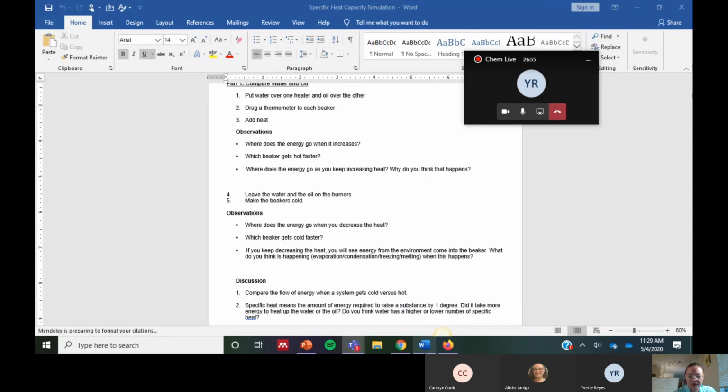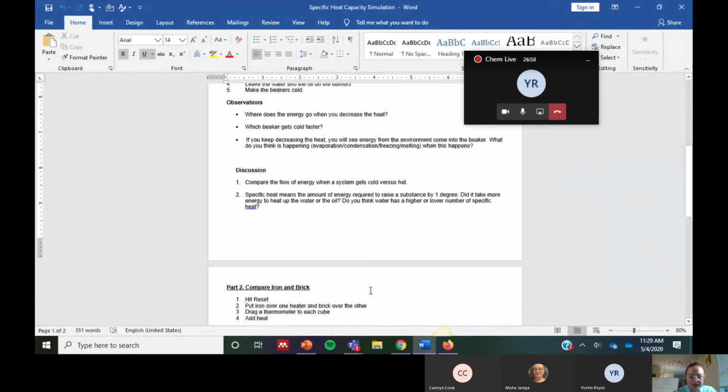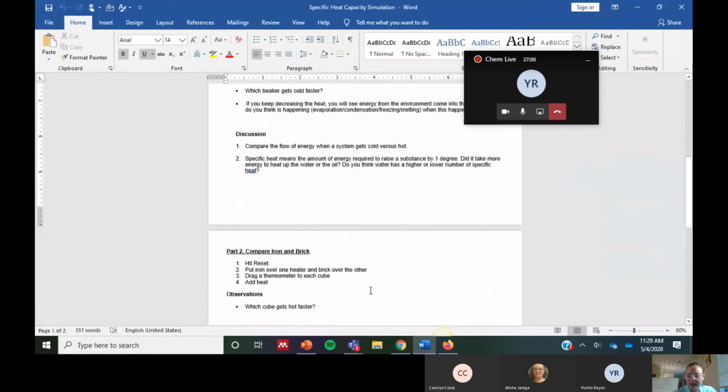And I think there's one other part. So we've talked about specific heat being the value of how much heat is required to be absorbed. And so if you need a lot of energy to heat it up, like we did with the water, we even see up on the board that water has a specific heat of 4.